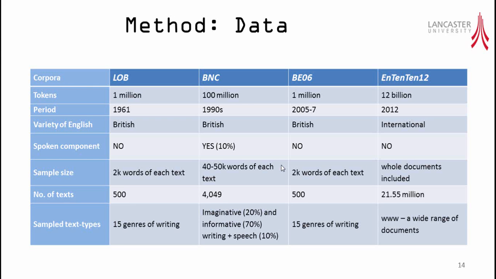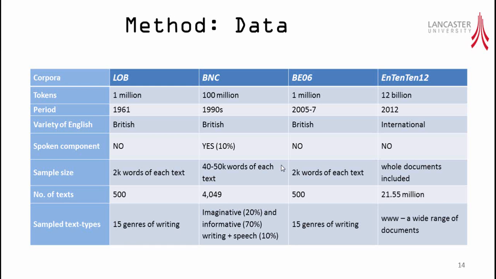As you can see from the table in this slide, the corpora differ in a number of aspects. First, it is the size of the corpora. LOB and BE06 are relatively small corpora, 1 million words each. BNC is a 100 million word corpus, and EnTenTen 12, the largest corpus in the sample, is a 12 billion word corpus.